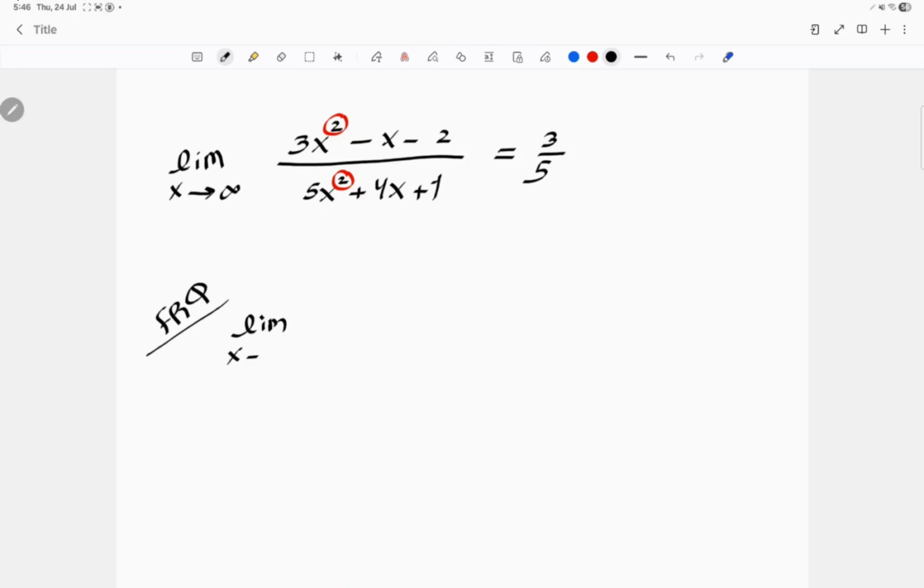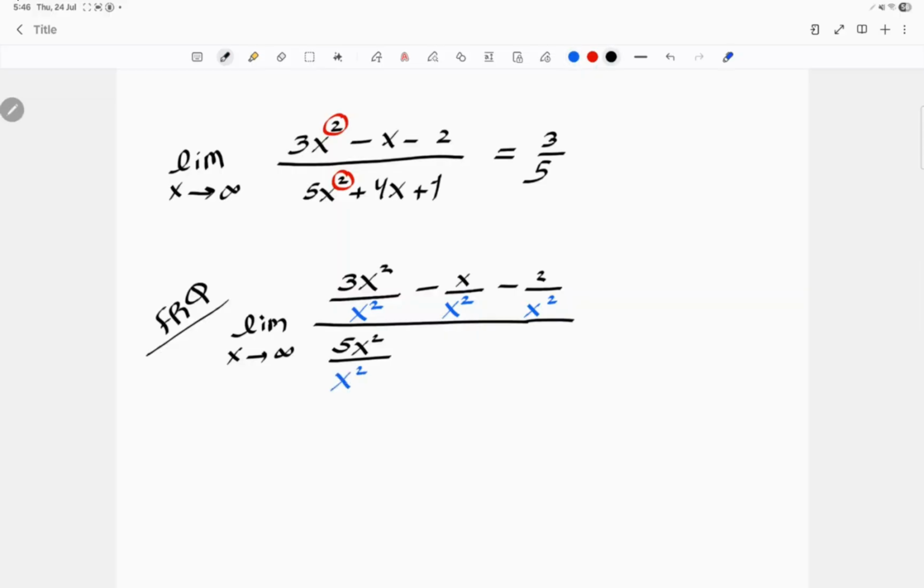So you're going to do limit, x approaching infinity, 3x squared divided by x squared minus x divided by x squared minus 2 divided by x squared, over 5x squared divided by x squared plus 4x divided by x squared plus 1 divided by x squared. Now, let's see.